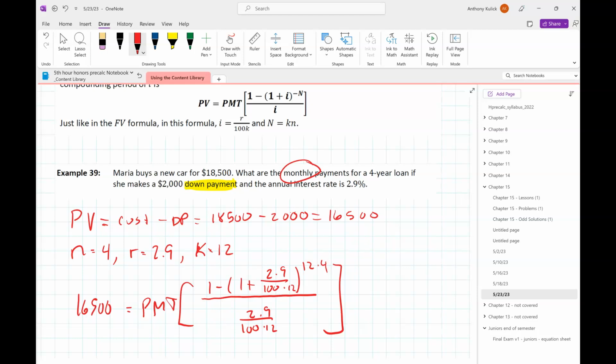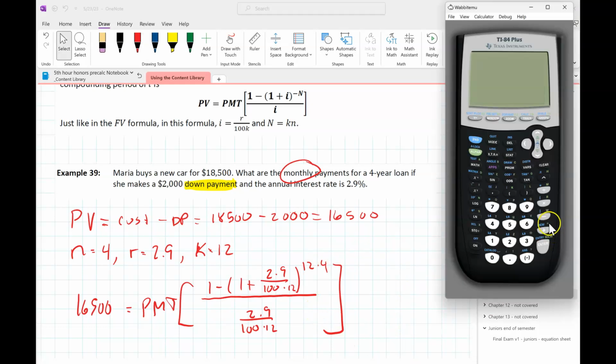Okay, so there's that. I'm going to do this kind of the same way, basically all in my calculator, right? So I'm going to start by calculating that value for I and storing that.